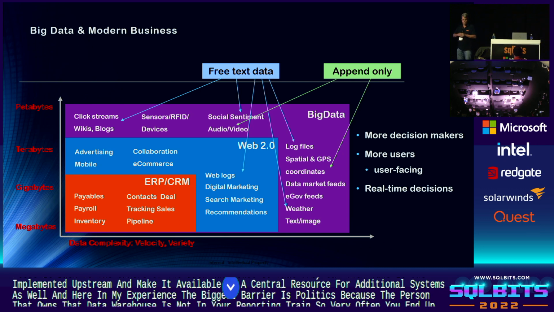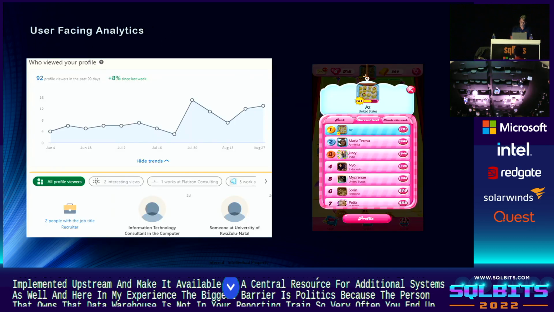That's not good enough. And this user-facing analysis is kind of interesting in that on the left-hand side, we're seeing from LinkedIn who has viewed my profile. Yeah, I know, I'm not that popular. Anyway, the idea here is that this graph is fairly up to date. Maybe not per second, but it's at least per minute up to date.